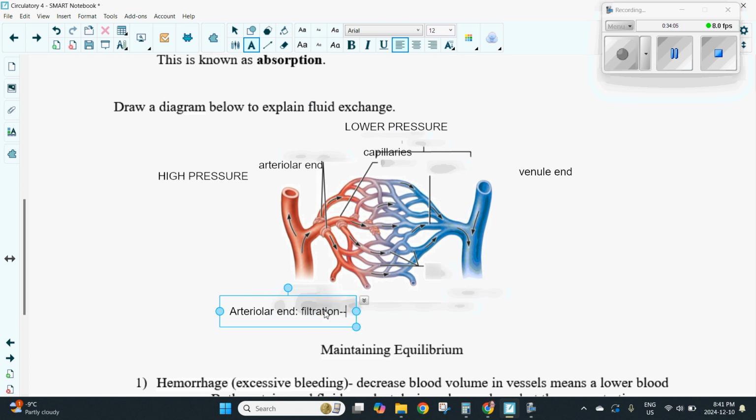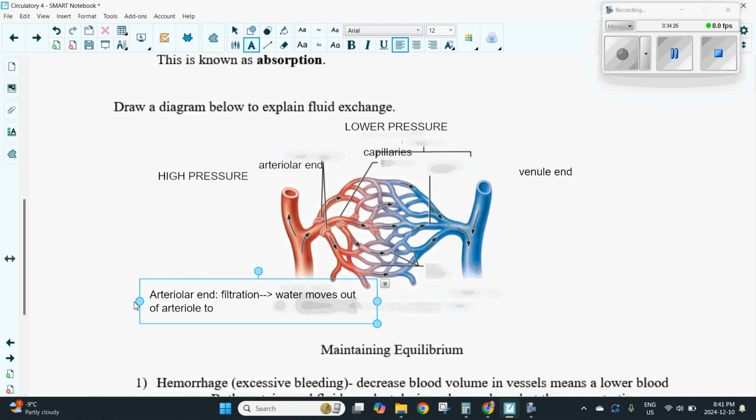And what this means is water moves out of arteriole to ECF because ECF is lower pressure than arterial.